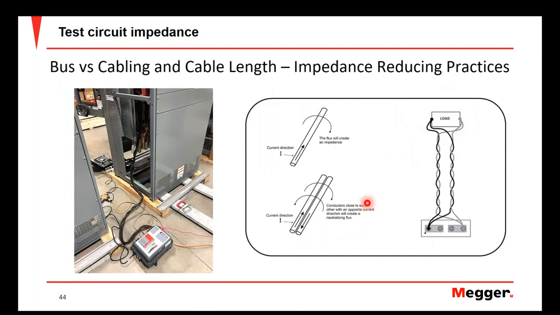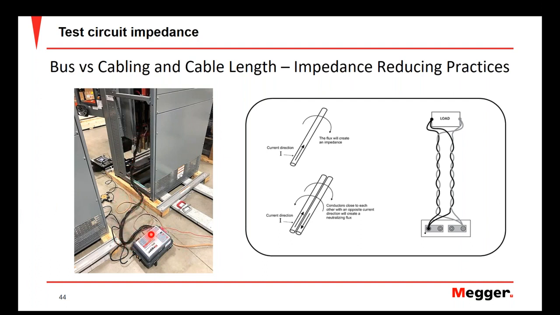Another aspect that influences your testing is test circuit impedance. Now, many times this really isn't a problem because we're testing breakers that have stabs on the end of them, and you can stab them right onto the test set and you don't have that problem. However, sometimes you have to use cables going from your test set to the specimen that you're testing, similar to what we see here.